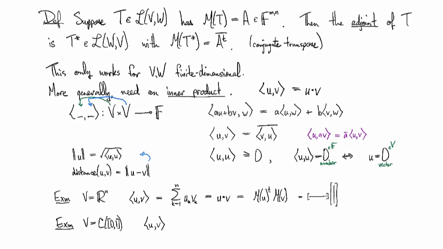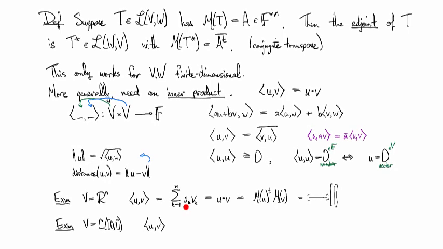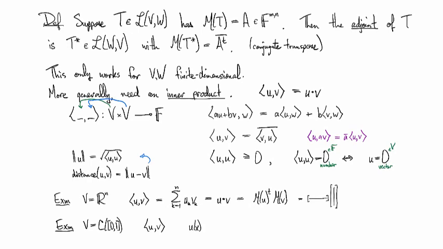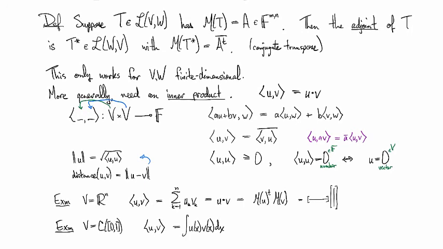Okay, sorry. Coming back to the continuous functions. So we saw for Rn, you take uk and you multiply it by vk, and then you sum up over k. And so we do exactly the same thing. We take the xth coordinate of u and we multiply it against the xth coordinate of v, and then we add up all the coordinates, and that gives us a perfectly well-defined inner product.